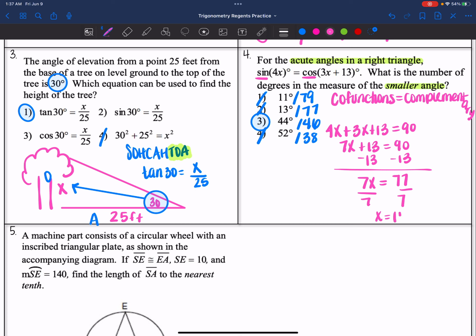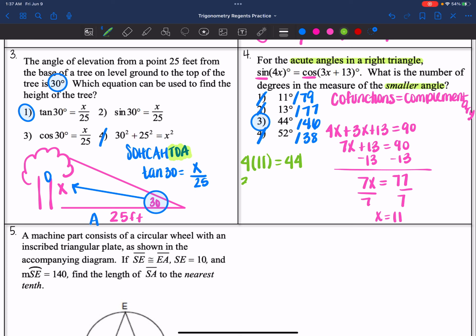Of course they gave us 11 because they're trying to throw us off. But it's asking us for the smaller angle, so I need to check which angle is smaller. I'm going to check 4x, substitute 11 for x, and I get that the angle is 44.